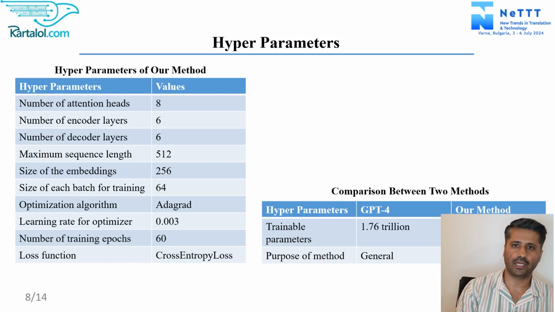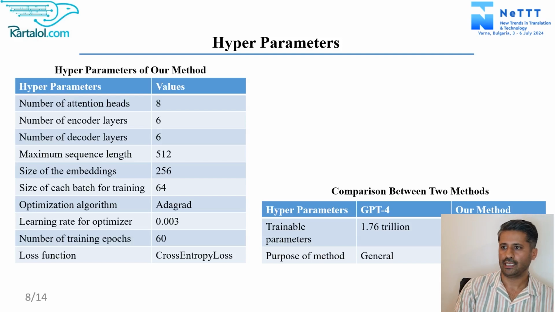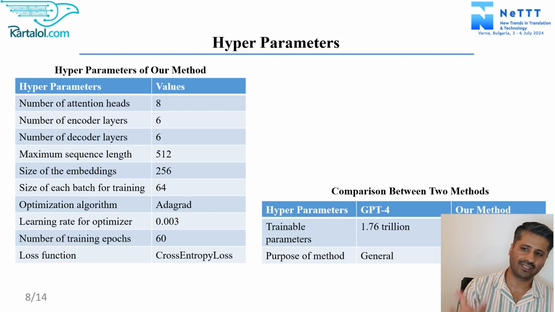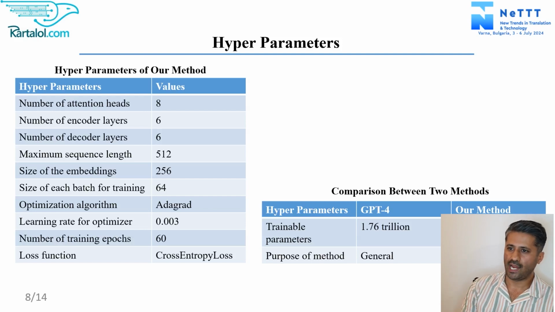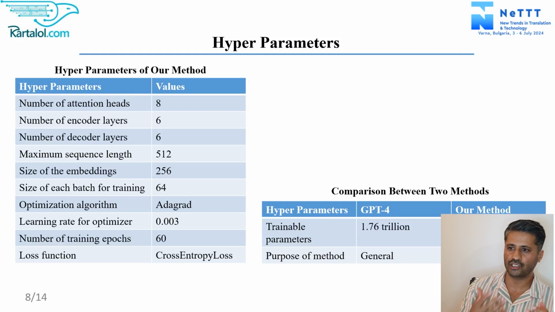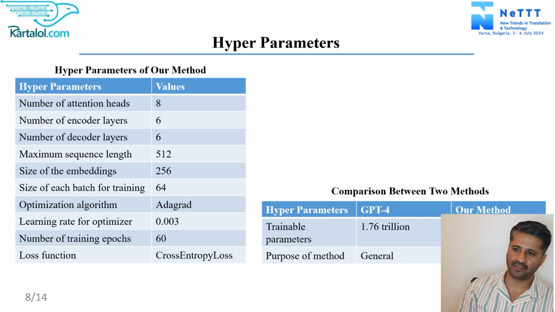And purpose of method: as you know, ChatGPT is designed for general purposes, whereas our model is specifically for translation tasks. While our model is significantly smaller than ChatGPT-4, it is optimized for the specific task of translating English to Azerbaijani and ensuring that it performs well on this specific application.